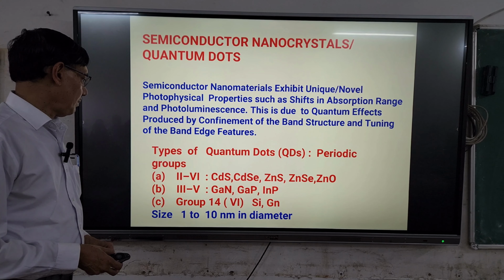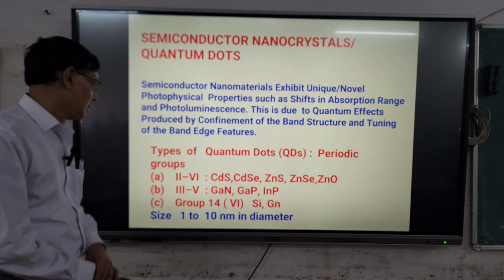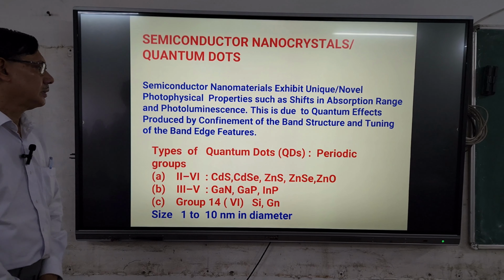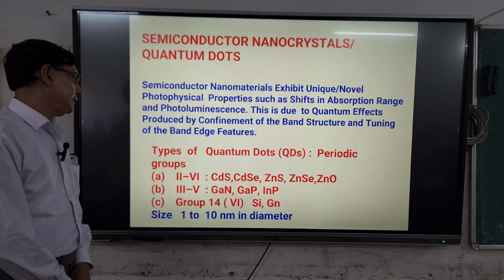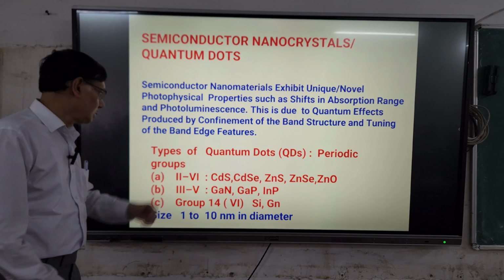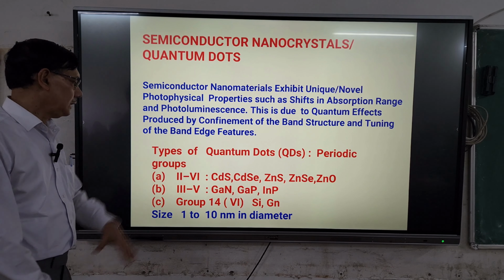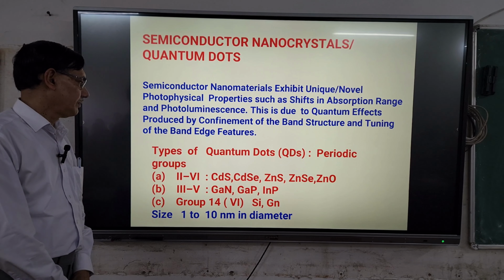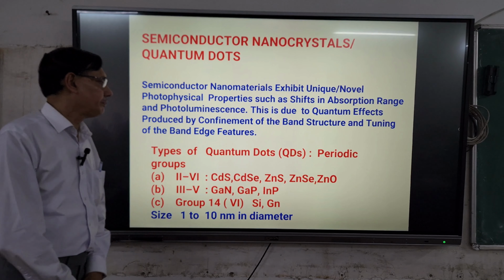So, basically, the most commonly used nanoparticles are second to sixth group, and under this category we will study cadmium sulfide or CdSe.